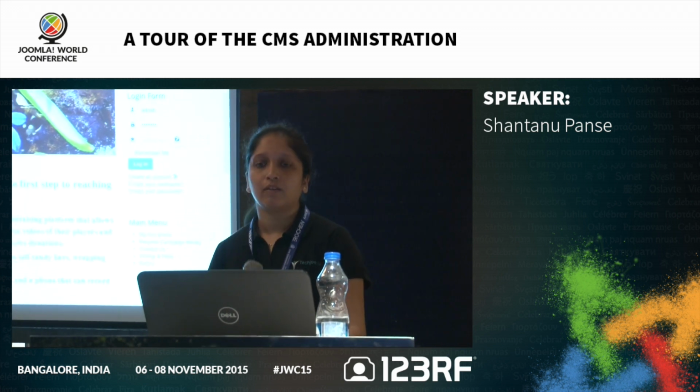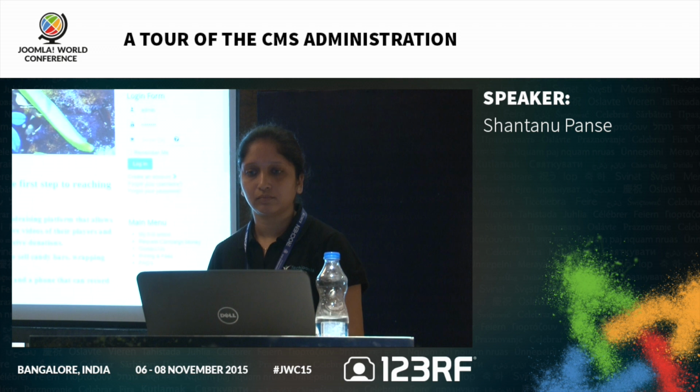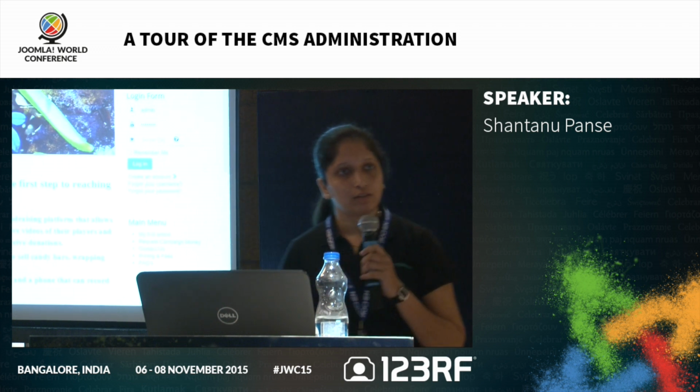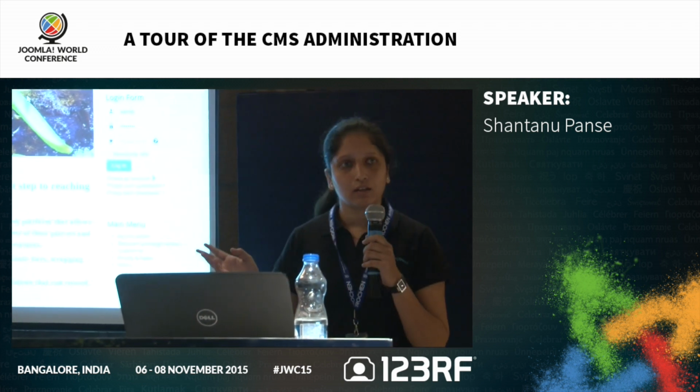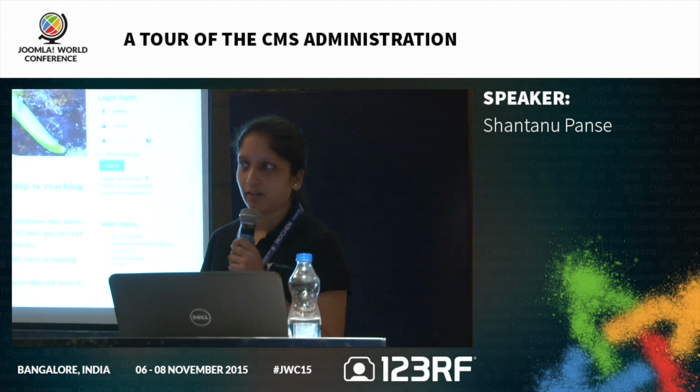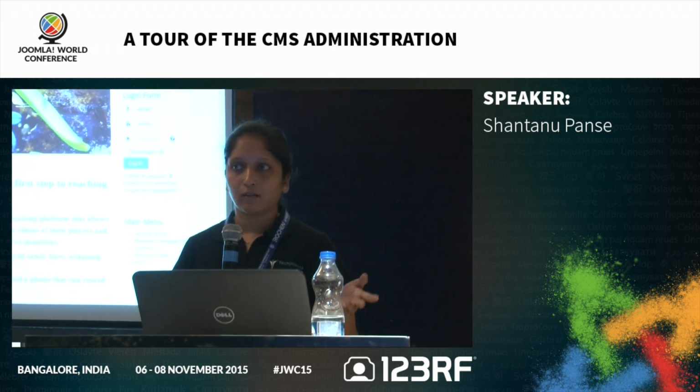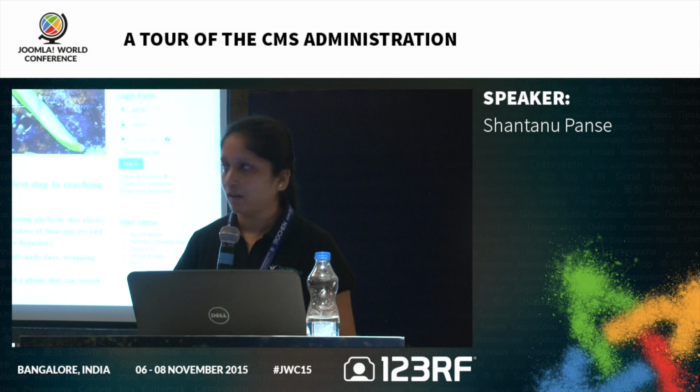So the first demo will be how to access the administrator. Okay. So we quickly go through how to access administrator and what we can do on the administrator side.